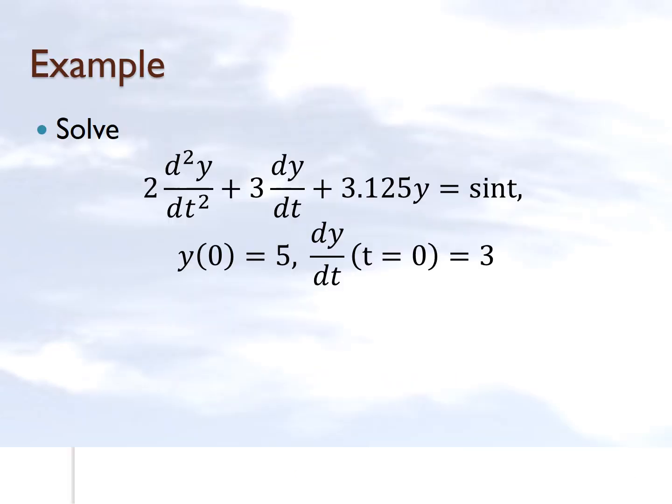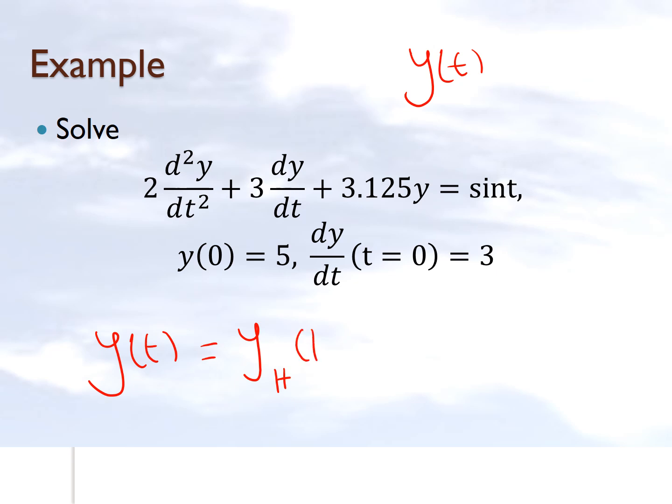So here we have a second order differential equation and we are given the initial conditions for y and y prime, and we would like to generate the exact solution y of t. We know that the exact solution has two components, a homogeneous part and a particular part.